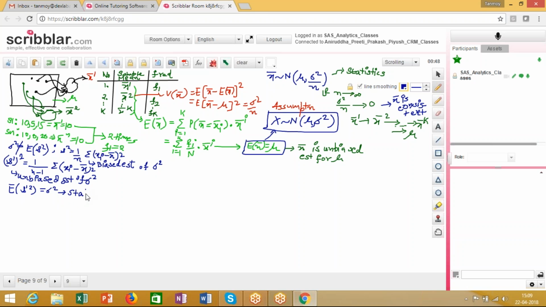I'm just highlighting that to describe a distribution given a sample, we require the sample mean and the sample variance, right? The sample mean that we use is the simple x bar equals 1 by small n summation xi. On the other hand, when I'm trying to find an unbiased estimator for the population variance, S dash square equal to 1 by n minus 1 summation xi minus x bar whole square is an unbiased estimator, right?